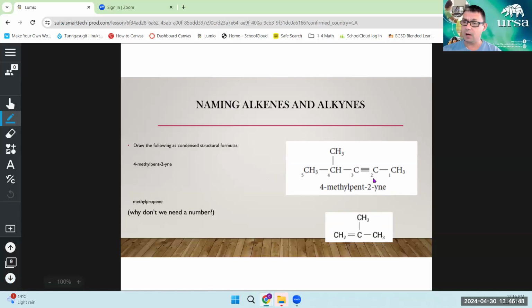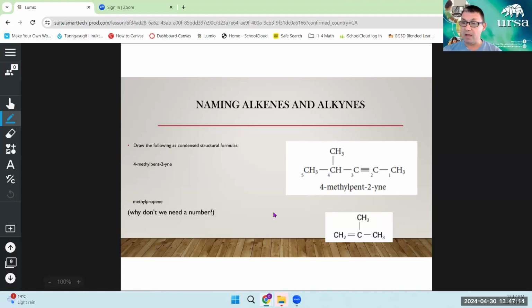In this case, that will be carbon number 2, which means you have a side chain located at carbon number 4, a 1-carbon or methyl group. To name this, it would be yne for the triple bond, 5-carbon pent, multiple bond beginning at carbon 2, pent-2-yne. Side chain at carbon number 4, a 1-carbon, 4-methyl-pent-2-yne.